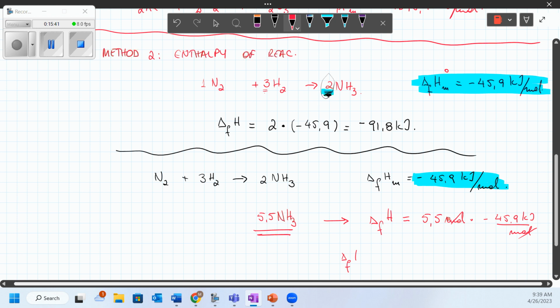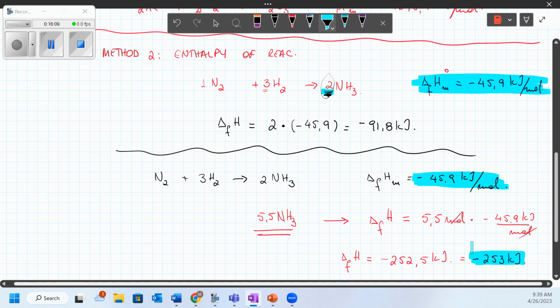So the enthalpy of formation of 5.5 moles is negative 252.5 kilojoules, or to keep the correct significant digits, negative 253 kilojoules. So this will be your final answer.